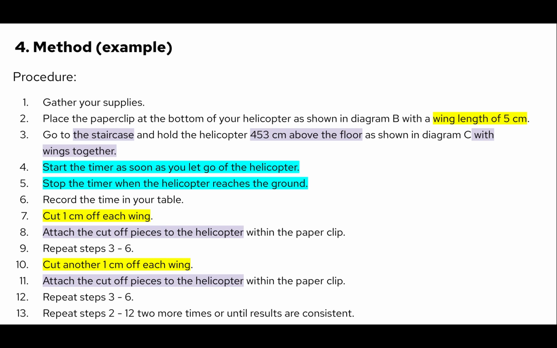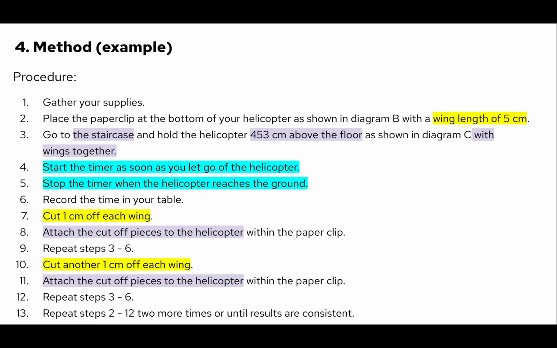So now let's look at the procedure. You can see that I've numbered it, numbers 1 to 13, and then I'm starting with doing words. Gather, place, go, start, stop, record, cut, attach, repeat.